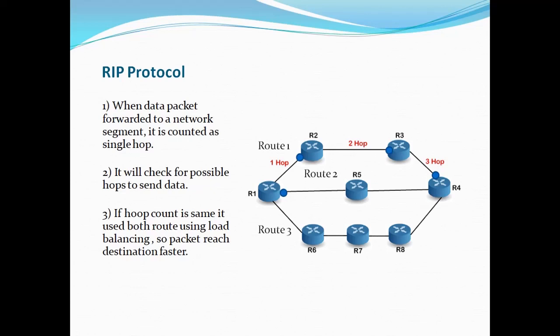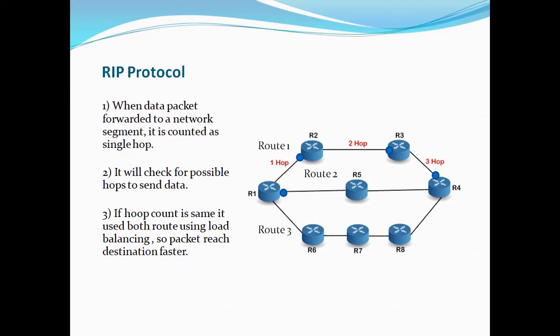So here is another option, it says it will check for possible hops to send the data. Let's take an example. If router 1 has to send data to router 4, then it has 3 possible routes: route 1, route 2 and route 3.